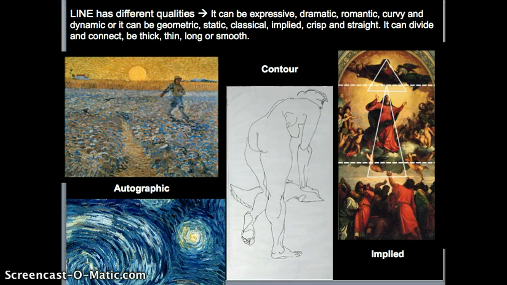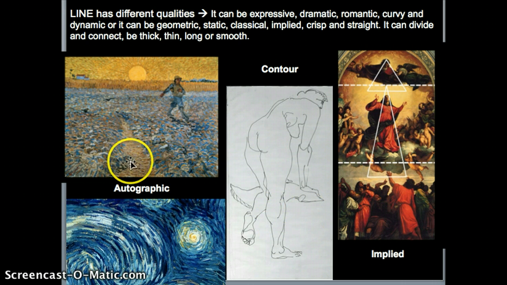So here are some of the different qualities and vocabulary we can use to describe line. The contour lines are used to denote mass. Oftentimes if we're looking at figural work, for instance here, we're denoting the volume of the body and the mass of the different body parts with these curved lines.